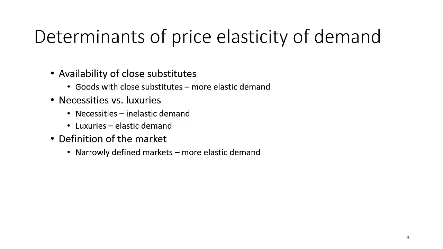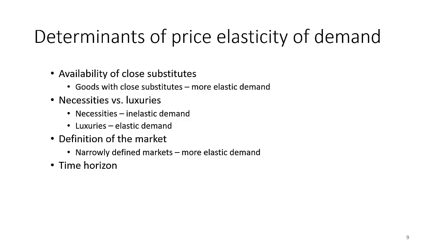But if you are looking at the market for soft drinks, demand is inelastic because you are looking at a broader market that includes all the Coke, Pepsi and everything. If overall prices for the beverage market are going up, people really don't have a lot of choice outside the soft drinks because so many companies only sell those soft drinks. So you really don't have a lot of choices.